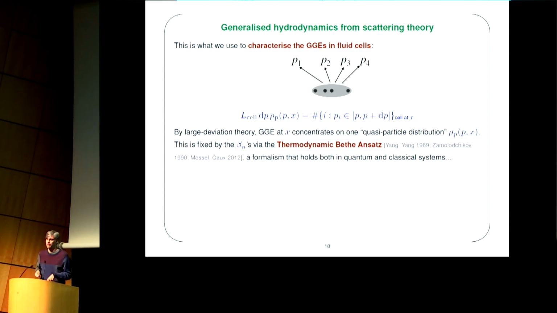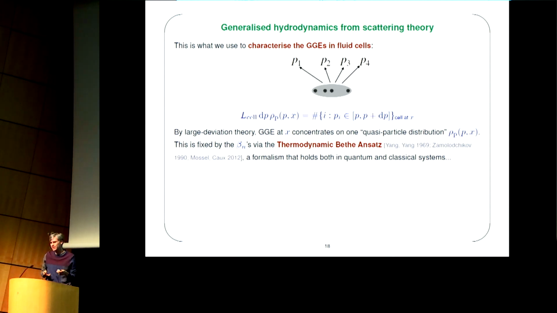Now, to make sure this is correct, passing from the global scattering problem to a local fluid cell scattering problem, there's quite a bit more to say, but this is the basic assumption that we make in integrability: that you can look into a fluid cell, see what asymptotic momenta come out of that, and these are correct asymptotic momenta that you would see in the whole gas if you let it expand for a long time.